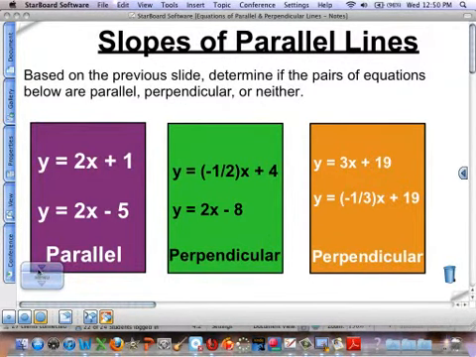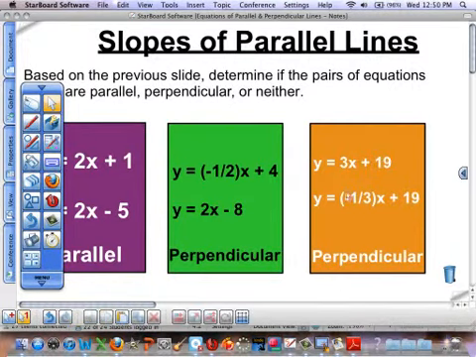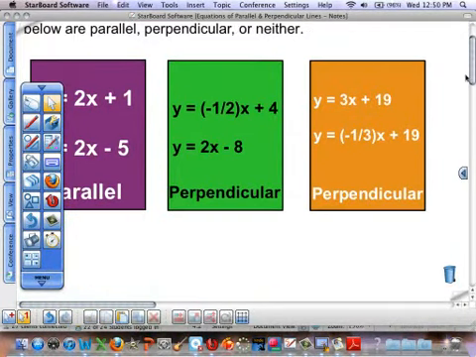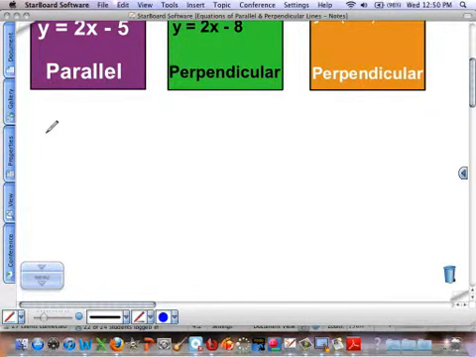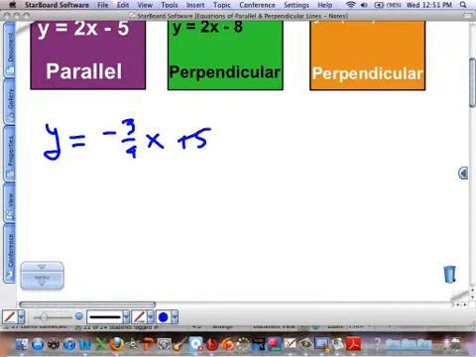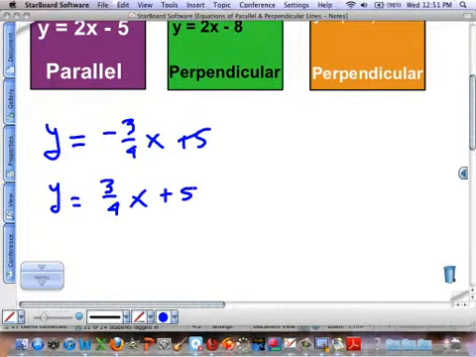So, a couple of questions here, because I know this will come up, and I know you'll see this on your homework. What if I had y equals negative 3/4 x plus 5, and y equals 3/4 x plus 5? Are they parallel, perpendicular, or either?